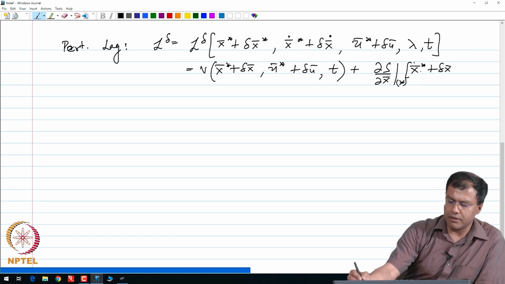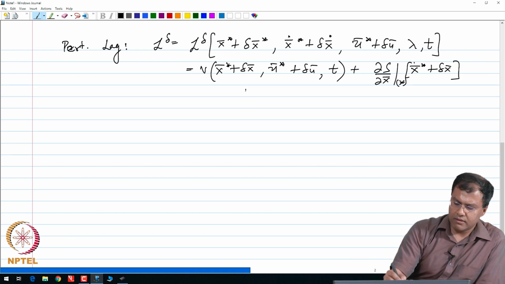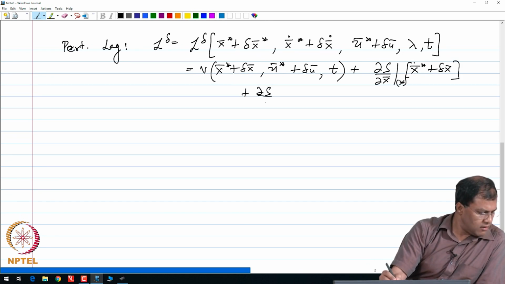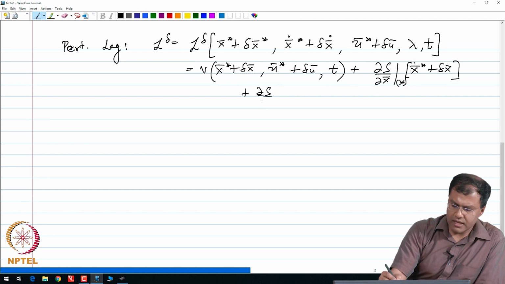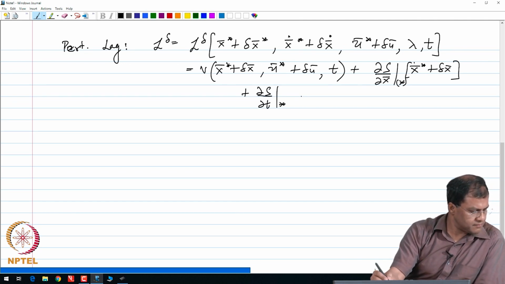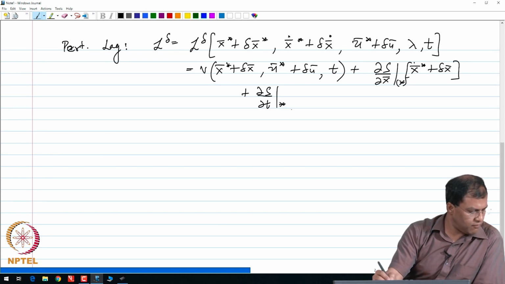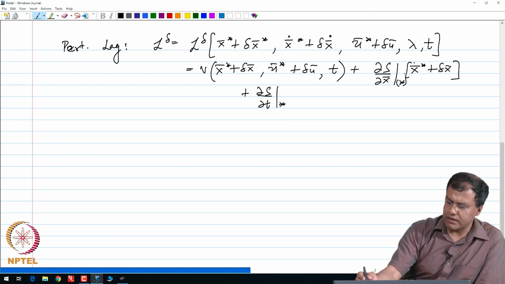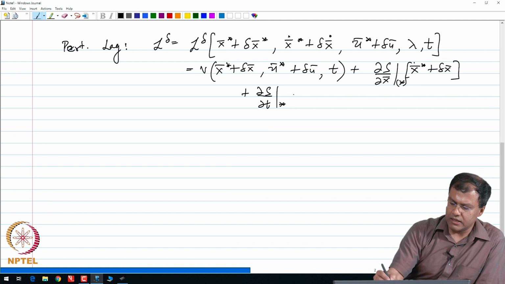So, these are my perturbed values, plus partial s partial t at starred condition, plus we have the plant condition as the constraint.